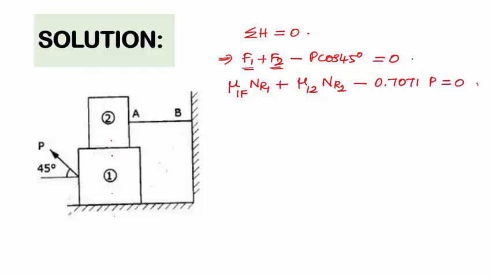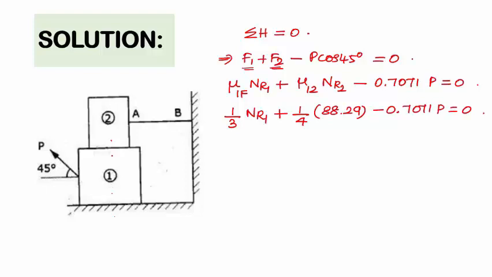The coefficient of friction value between block 1 and the floor, mu 1F, is given in the problem as 1 by 3 into NR1 plus the coefficient of friction value between blocks 1 and 2 is given as 1 by 4. The value of NR2 has been calculated in the previous step of the problem as 88.29 minus 0.7071 P is equal to 0.